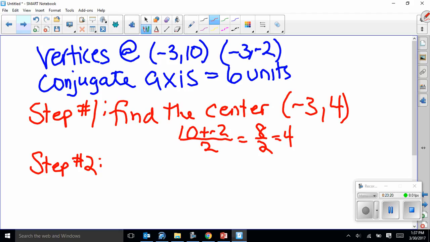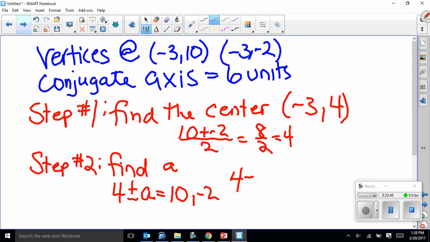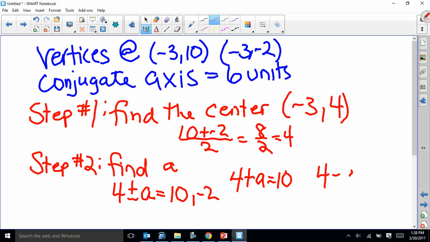So we have our 4 here, so 4 plus or minus a is going to give us our 10 and negative 2. 4 plus a gives us 10, and 4 minus a gives us negative 2. So a equals 6.